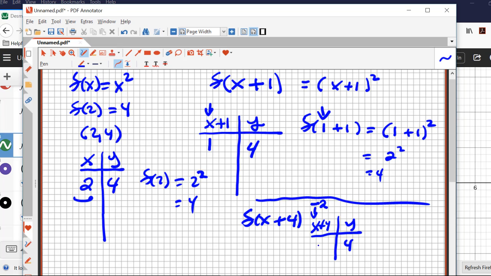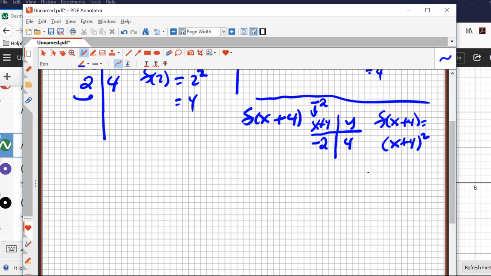If I enter negative 2 here, it should produce that 4 again, right? So let's actually do the calculation. f of x plus 4 is nothing more than (x plus 4) squared. So now if I come over here, boy, this is kind of messy. Sorry about that. f of (-2 plus 4), come over here, (-2 plus 4) squared. That gives me 2 squared. And of course, that gives me 4.